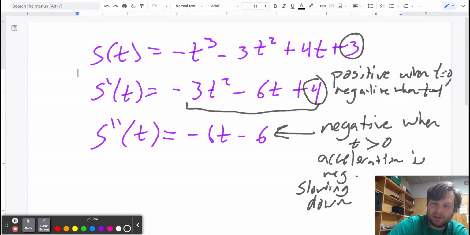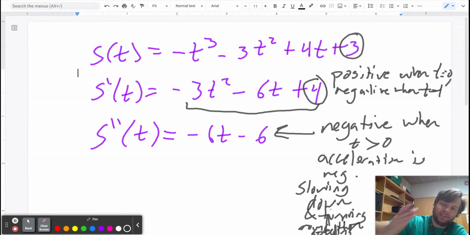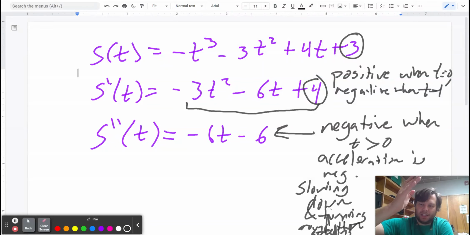So slowing down and turning around, I should say, then speeding up, like we saw with the graph I was just drawing, that when you go down below the x-axis on your velocity, it kind of speeds back up, and that it is always moving faster and faster into the negative direction. All right, there you go.